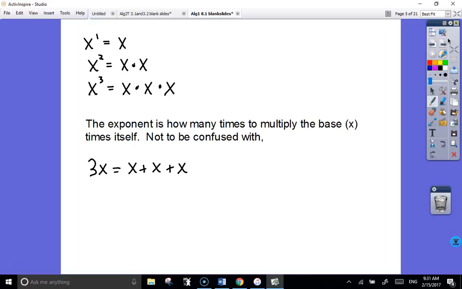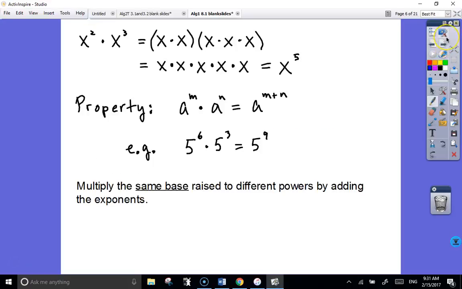Good. Okay. So here's the first property of exponents. If I say x squared times x to the third, like we said on the last slide, that means x times x for x squared and x times x times x for x to the third. How many total times are we multiplying x together? 5 times, right? Which leads us to the property: if you have the same base raised to different exponents, then the way you simplify it is you add the exponents.